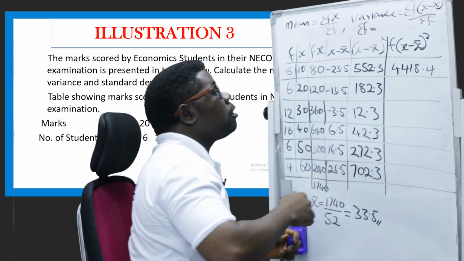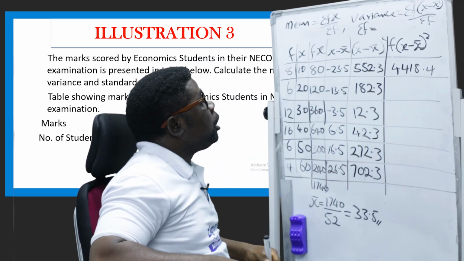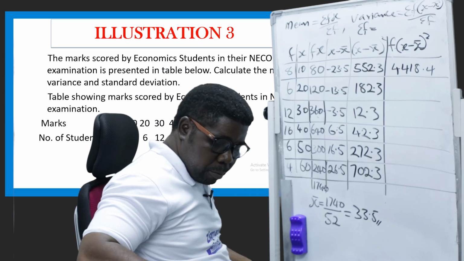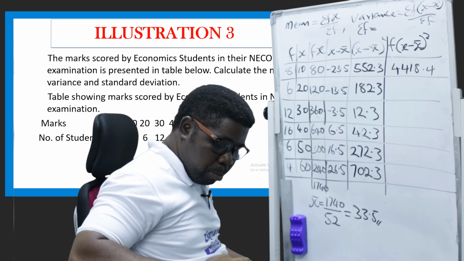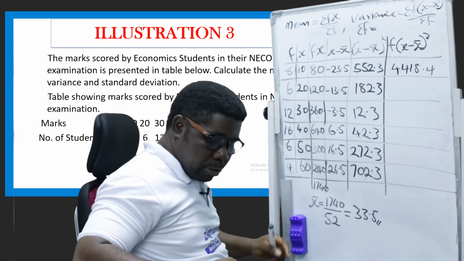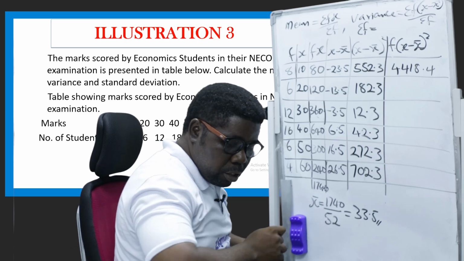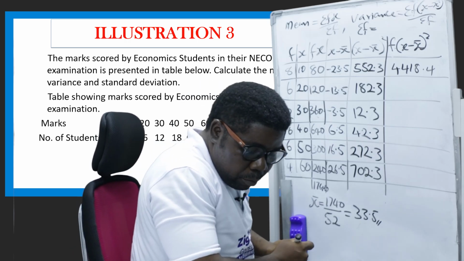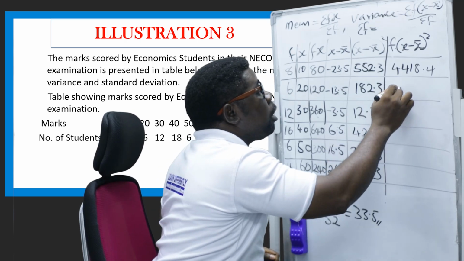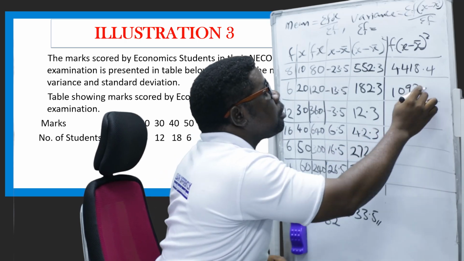All right? Then we have 182.3 multiplied by 6. Our answer is 1093.8.